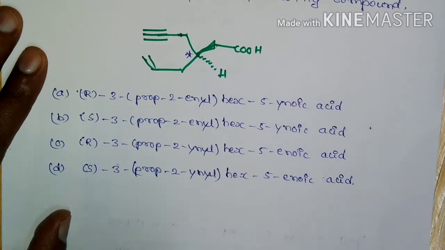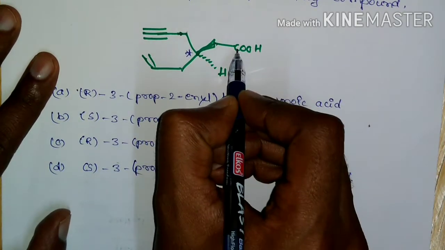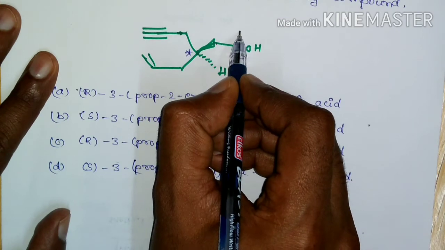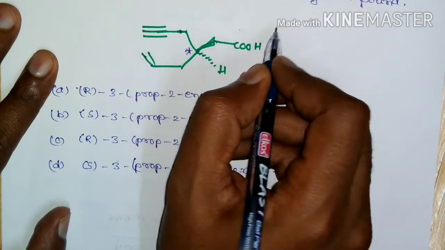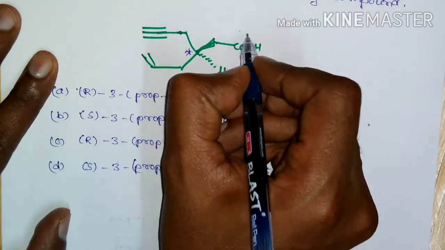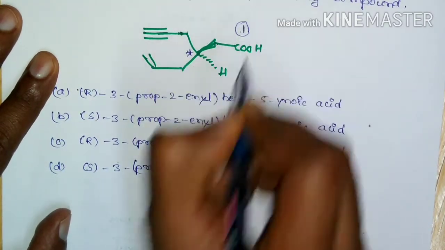Then we will move on to the next carbon. Here this carbon is attached to a carbon, and there is a double bond, so we need to make it duplicate. So obviously this is going to take first priority.